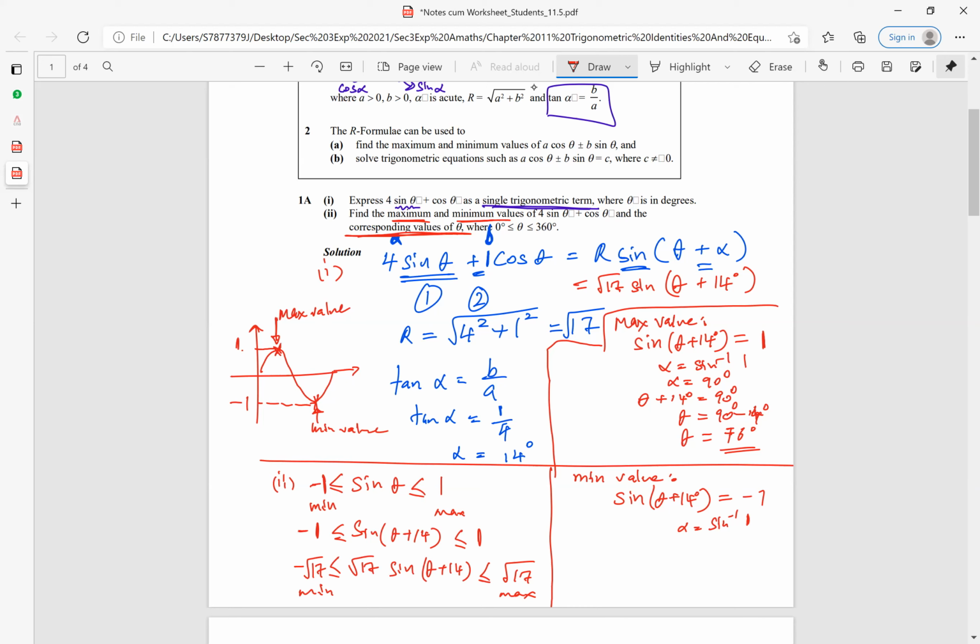But here it's only third. So 270. So theta plus 14 degrees will be equal to 270 degrees. So what is theta equal to? 256.